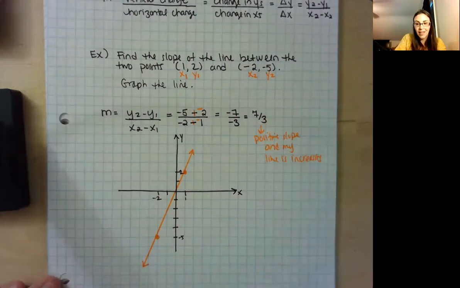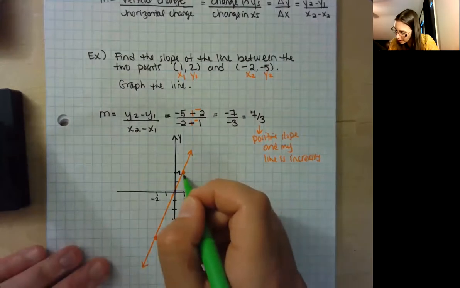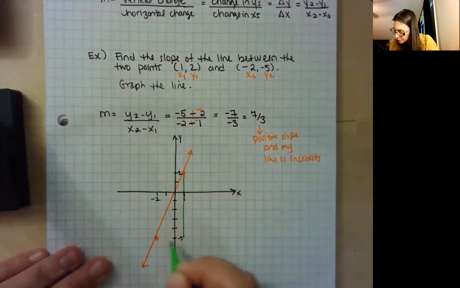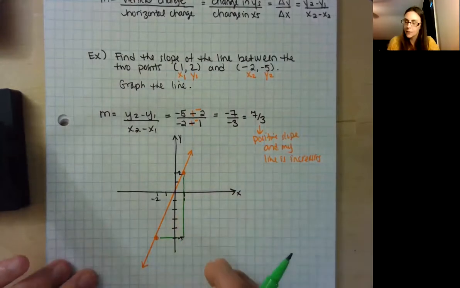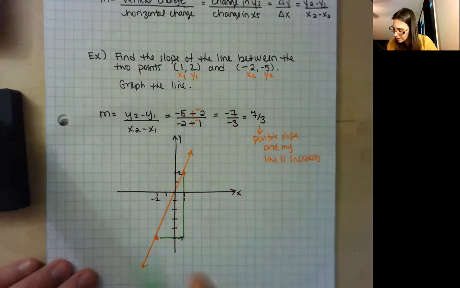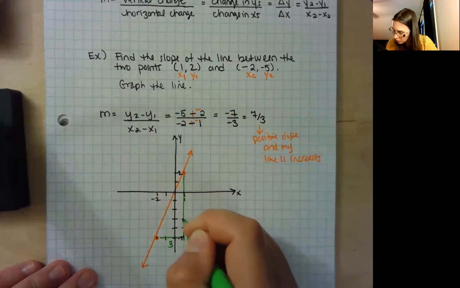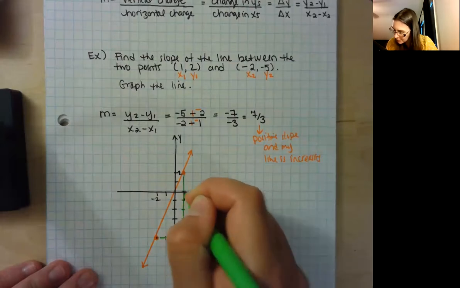Now, the other cool thing is that you can actually see the slope on the graph. So see I have my little 2 points here. I'm just going to draw a little triangle between them, just lightly, just to help me visualize. And I'm going to count the lengths of my 2 sides. So here, if I start here, I have 1, 2, 3. So I'm counting the tick marks. I see a length of 3. And if I count this way, I see 1, 2, 3, 4, 5, 6, 7.